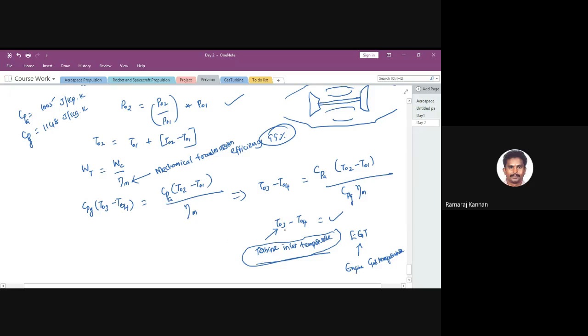So we know the T03, and we can calculate your T04, which is equal to T03 minus the temperature drop. So you can calculate your T04.